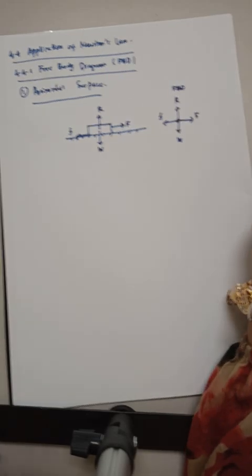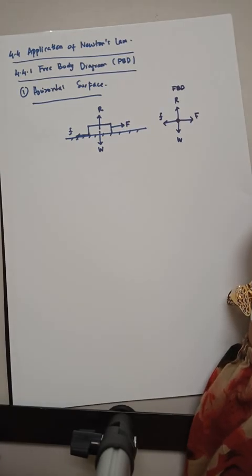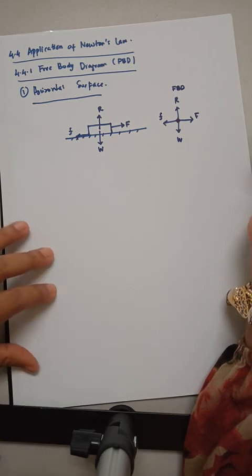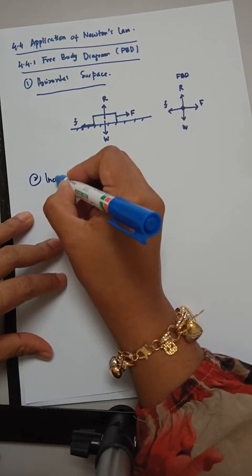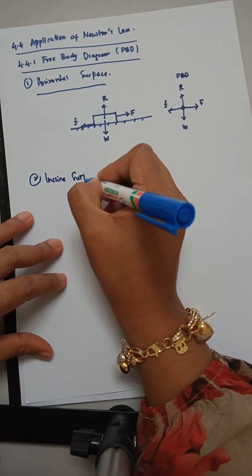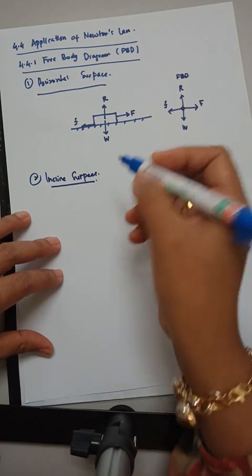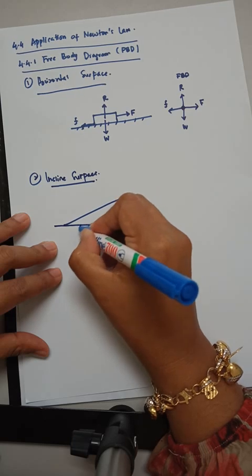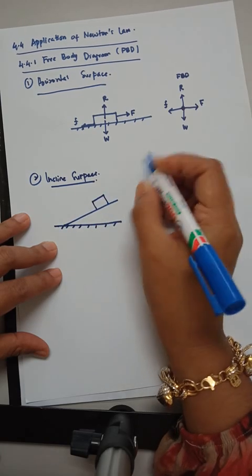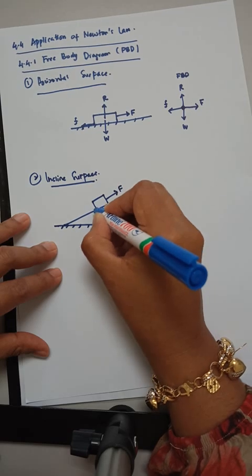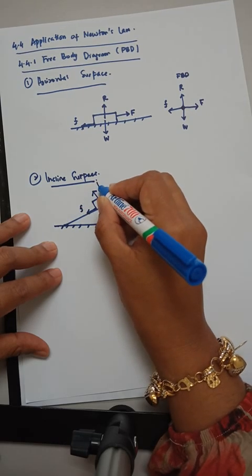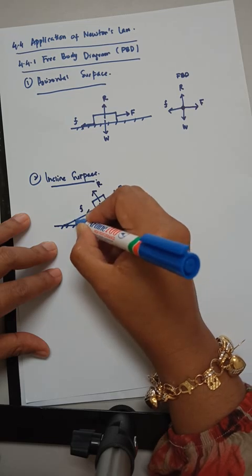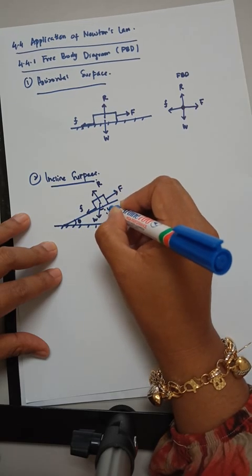The same applies for the free body diagram of an inclined plane. For the inclined plane, it will be like what we learned earlier. This is the incline, then the body, F, frictional force, reaction force and the weight, and this is the theta and the theta here.